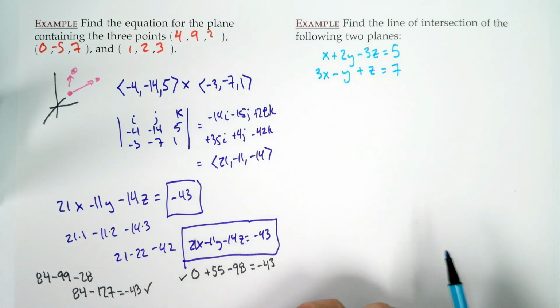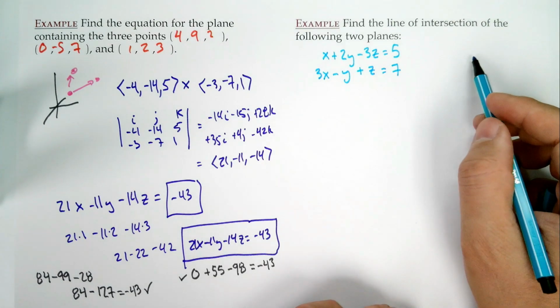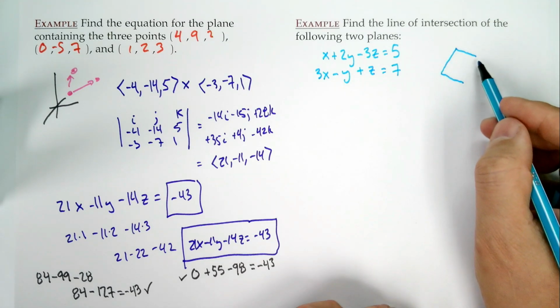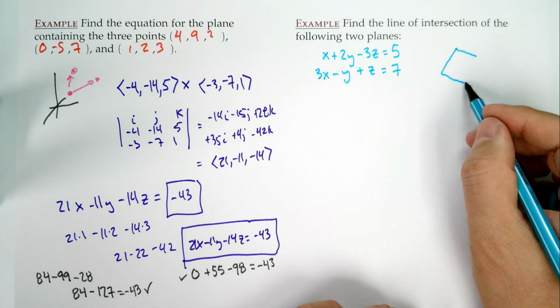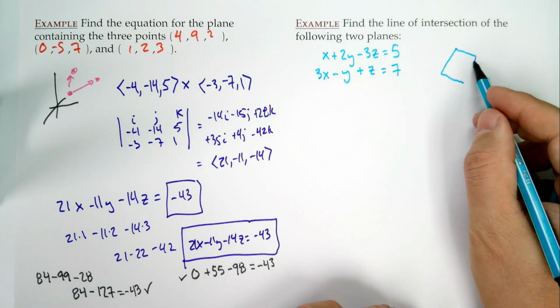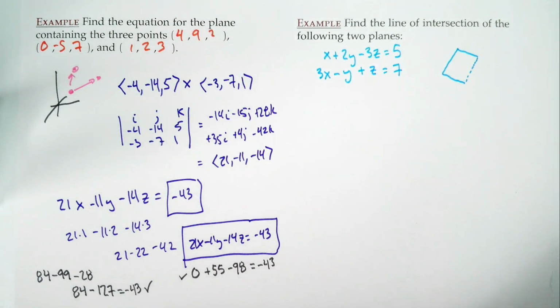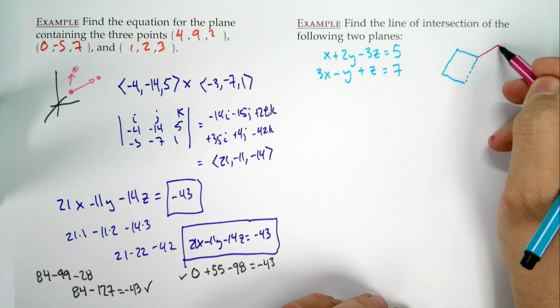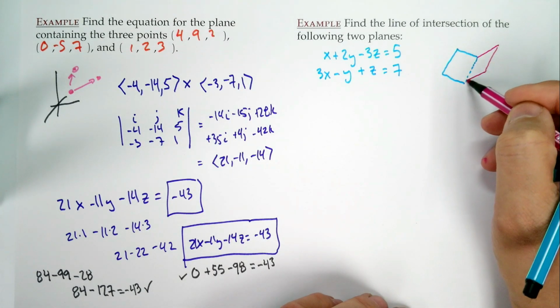And so what is it talking about, the line of intersection? Well, suppose you were to sketch these two planes and ask the question, what's happening? I'm going to attempt to provide a somewhat reasonable sketch.